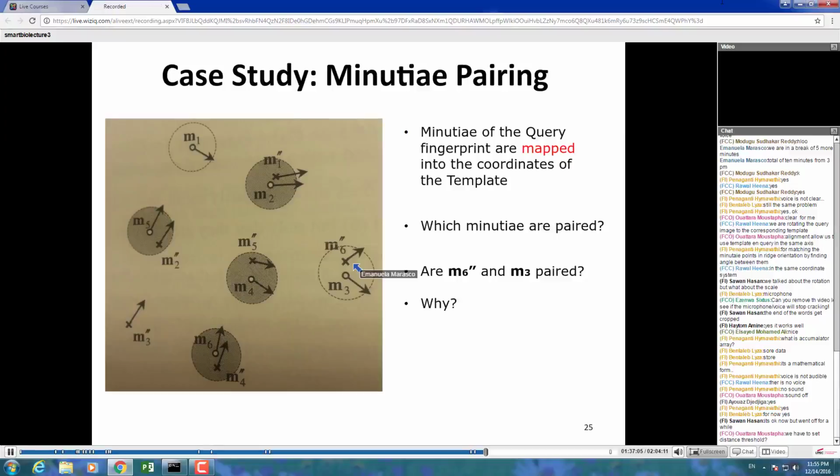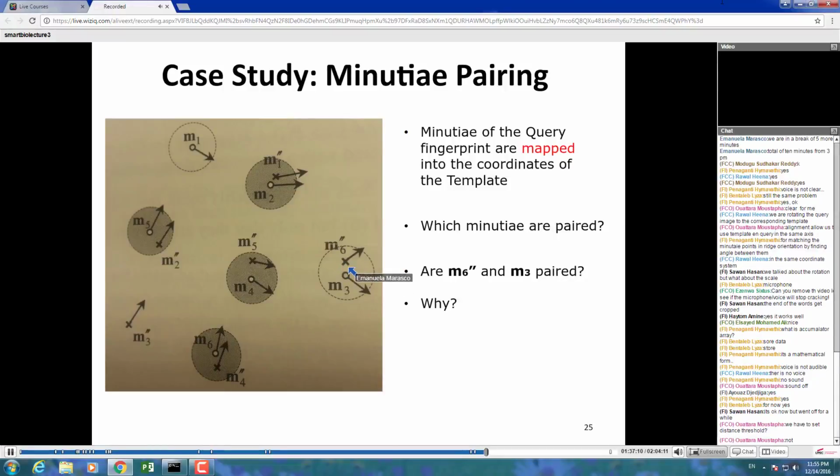The distance is okay, so they are not very far. But what's the problem? The angle. The difference in orientation is not less than the rotation threshold. So they don't pair. This is not a pair of corresponding minutia.